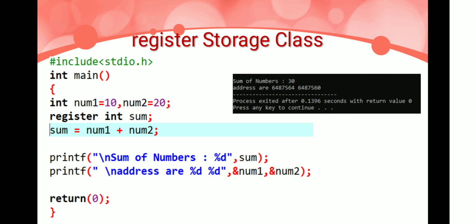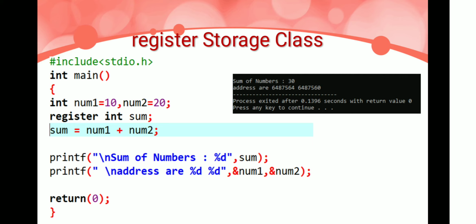Along with this, if I want to get the memory addresses of num1 and num2, I am able to get the address values. Whereas if I try to get the address of a register variable, I will not be able to, because register variables are stored inside the register memory.